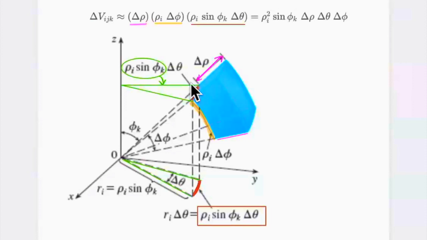The volume of this spherical subwedge can be approximately equal to this. Think about this as the height times the length times the thickness. And here, this is delta rho. Here is rho i times delta phi. And here is rho i times sine of phi k, and then times delta theta.